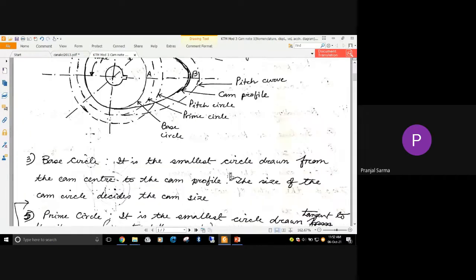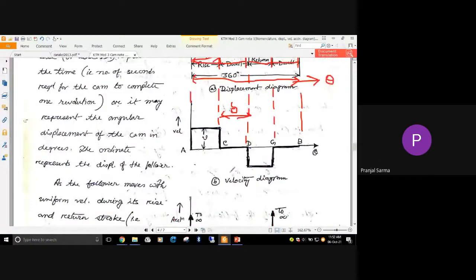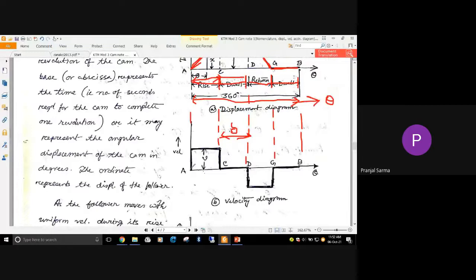So in that case, from A to C, it is going up with uniform velocity. We will be drawing the velocity along the y-axis and, along the x-axis, the angular displacement of the cam.